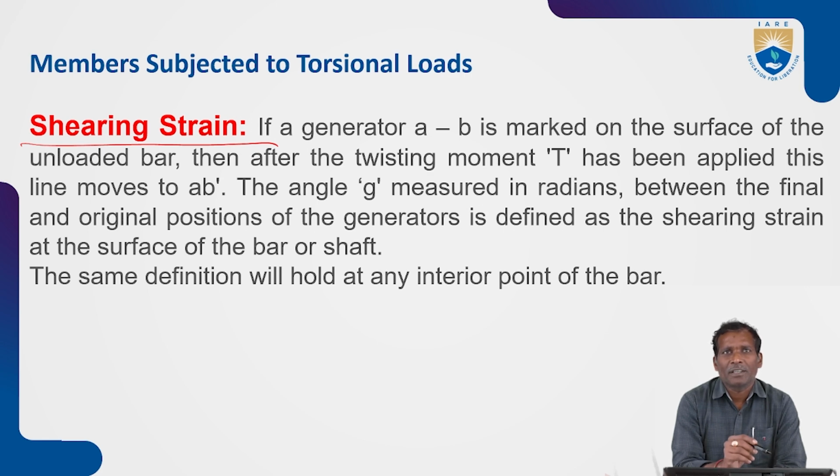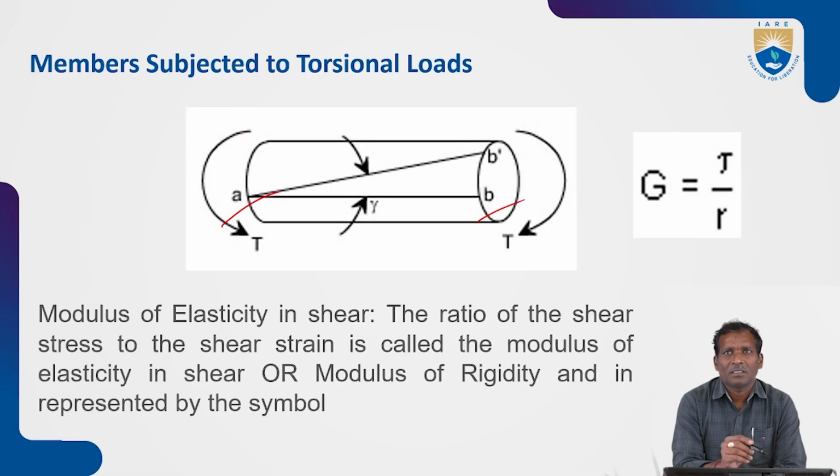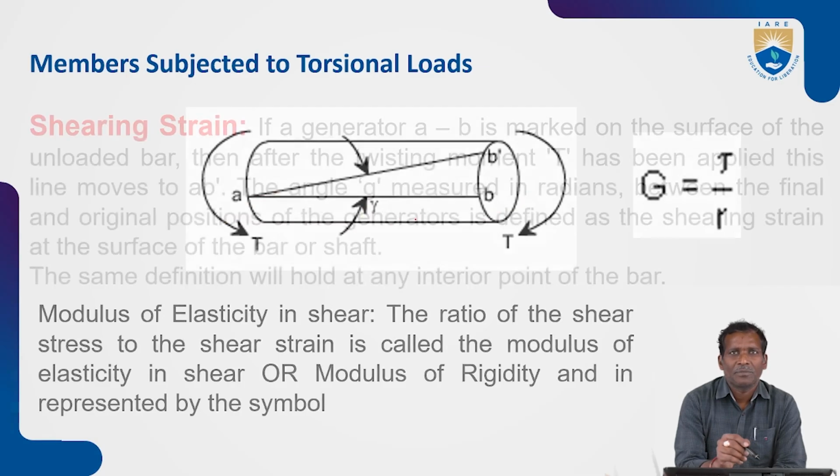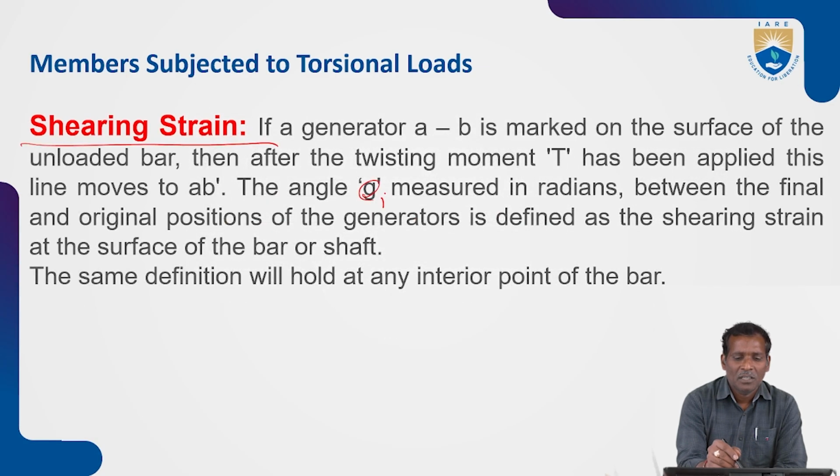So after twisting, the angle gamma measured in radians, clear? So actually this is gamma. The gamma measured in radians between the final and original positions of the generators is defined as the shearing strain.